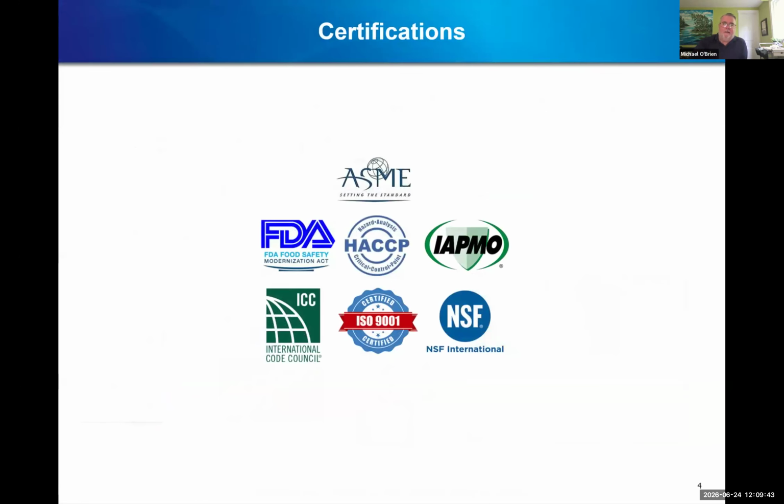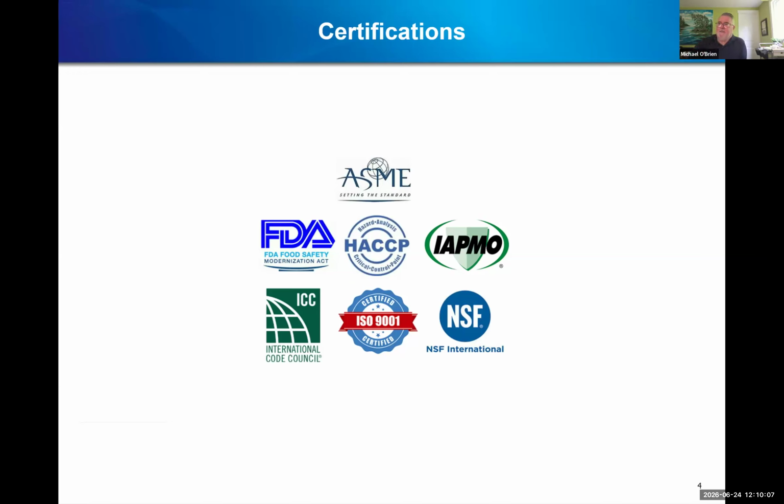So all the certifications: FDA, HACCP, IAPMO, NSF, ASME. If there's another standard that's coming out, quite often we would be involved with it for doing some of the testing and some of the guidance.